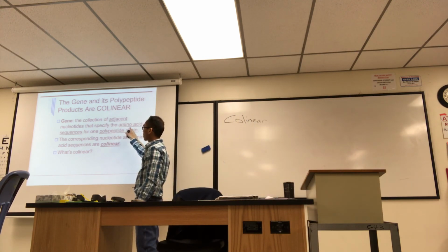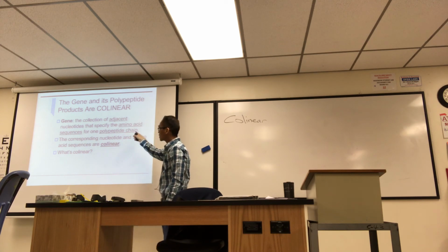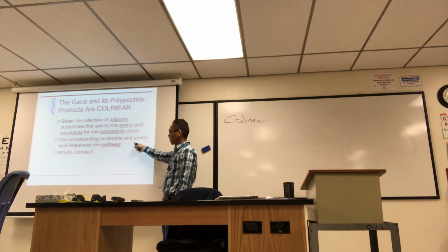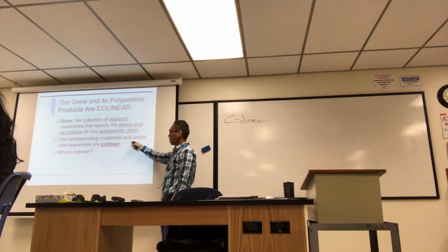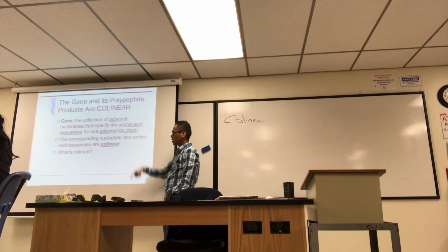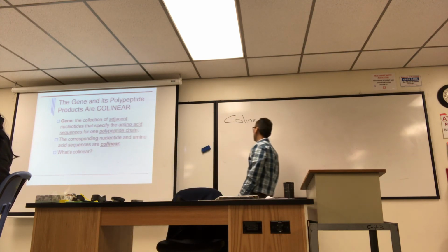The gene is a collection of adjacent nucleotides that specify an amino acid sequence for the chain. The corresponding nucleotide and amino acid sequence are collinear. I usually demonstrate collinear by giving an example.